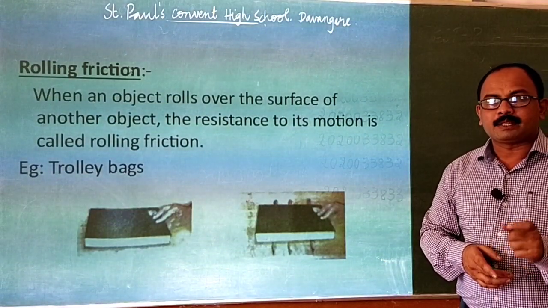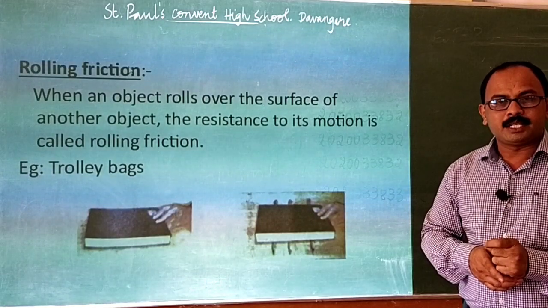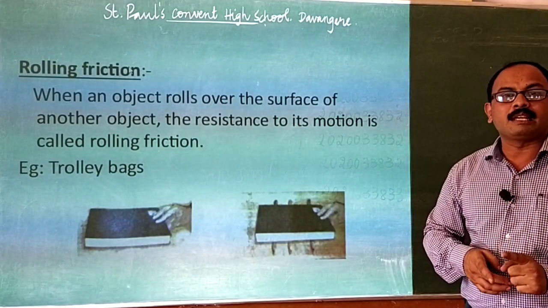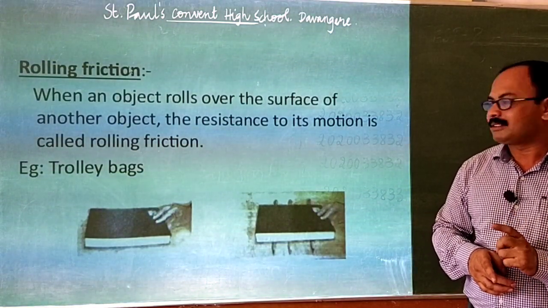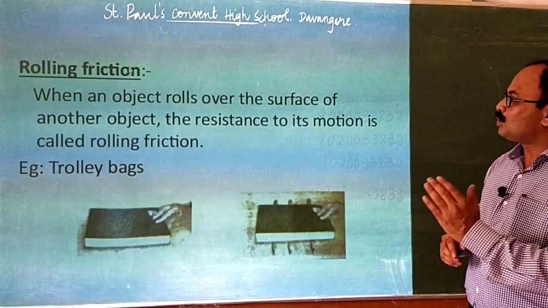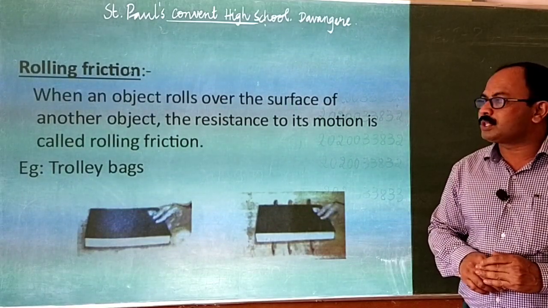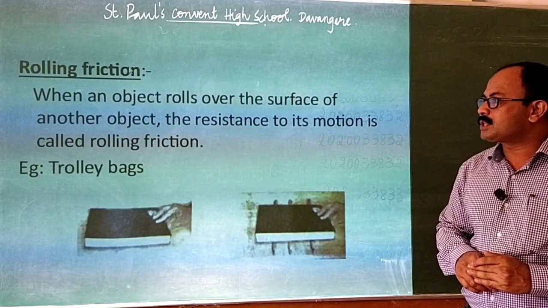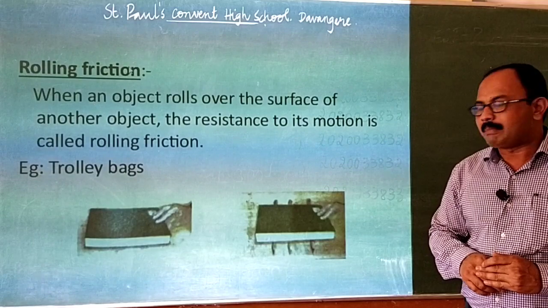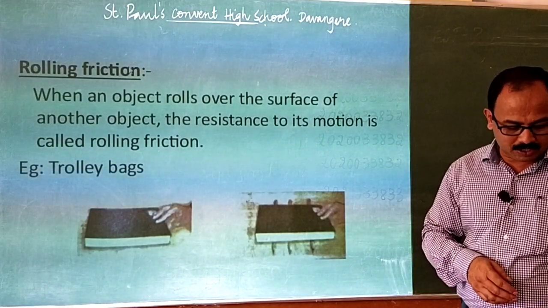Therefore, the invention of the wheel is one of the most important inventions of humankind. Therefore, when an object rolls over the surface of another, the resistance to its motion is called rolling friction. Example, trolley bags or these kinds of situations.